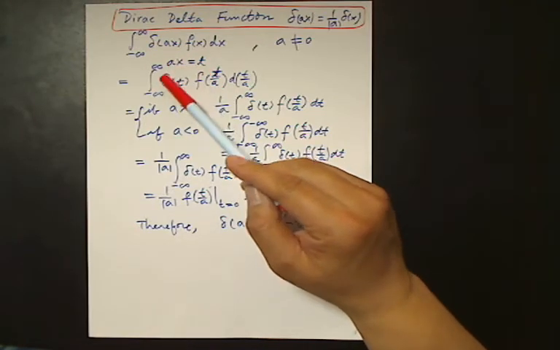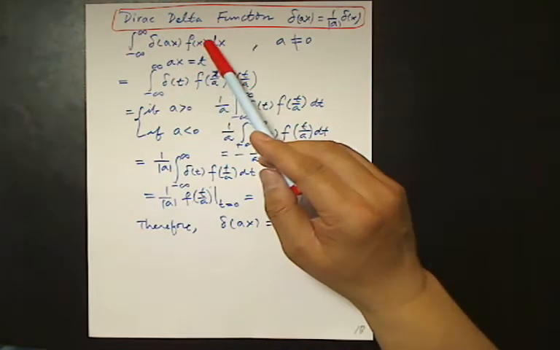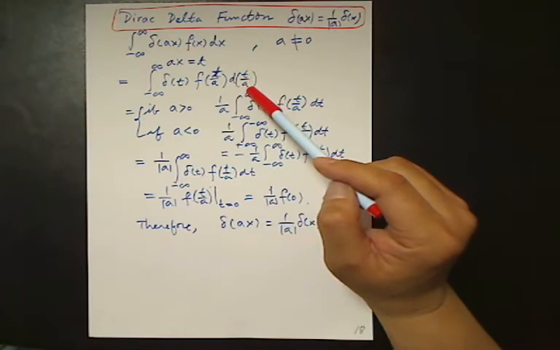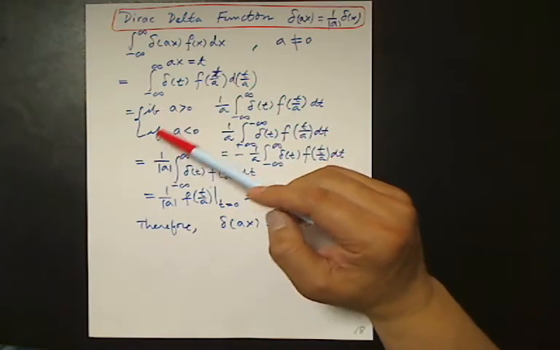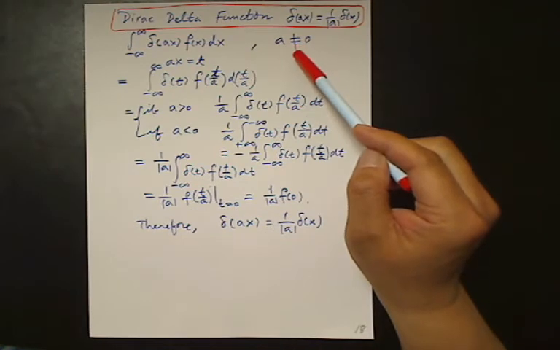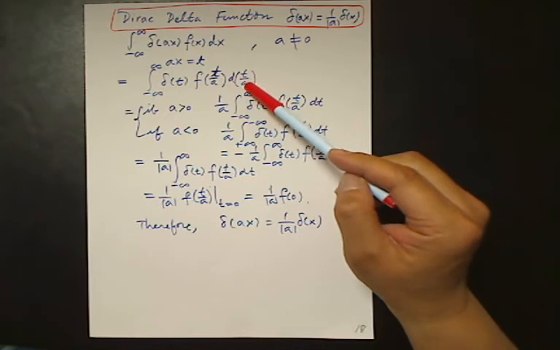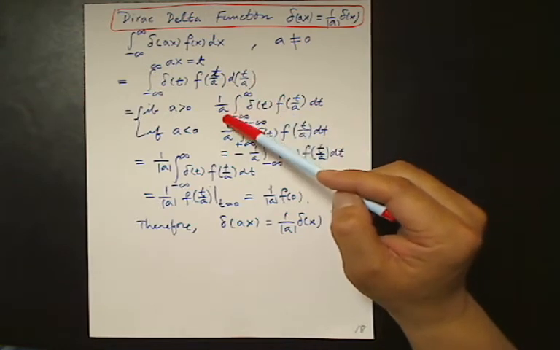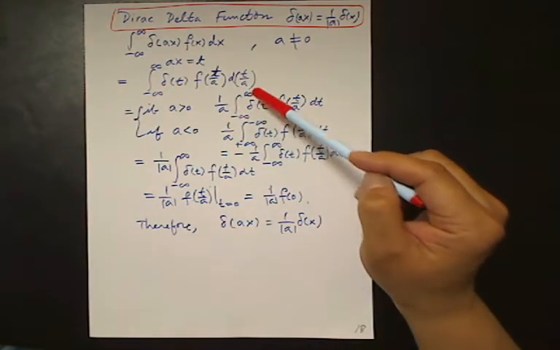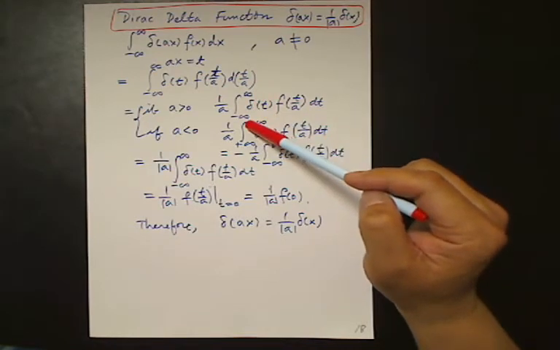Then this delta function is expressed in this way, and this one is t over a and t over a. We have two cases. We do not consider the case of a equal to 0. If a is positive, the coefficient comes out as 1 over a, and the upper and lower limits don't change at all.